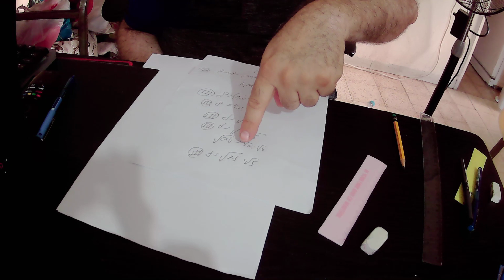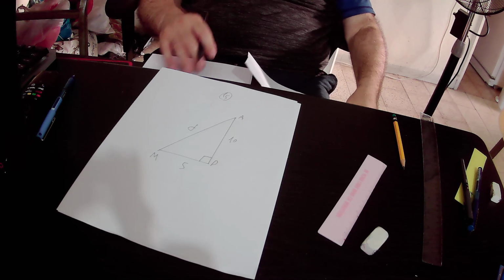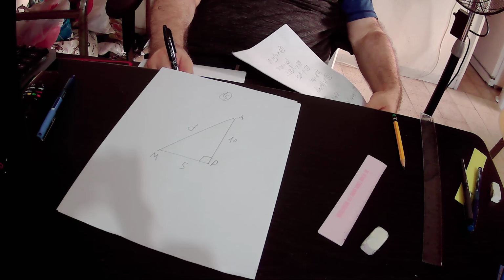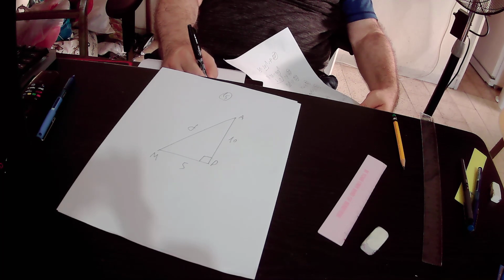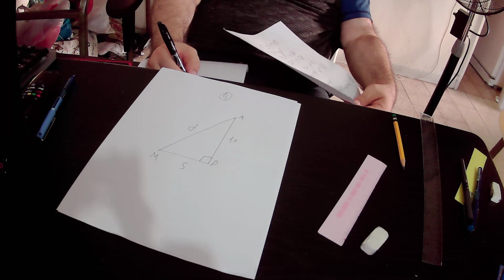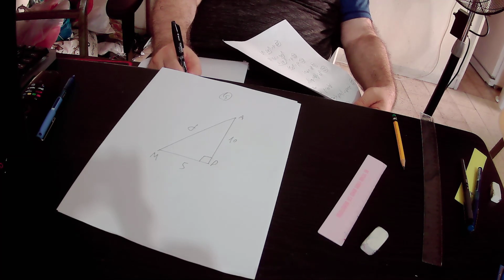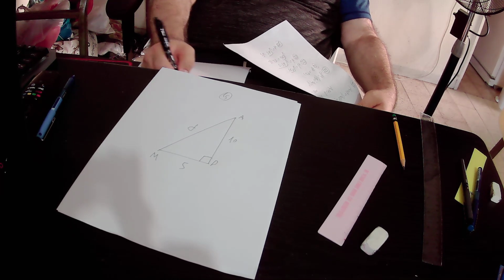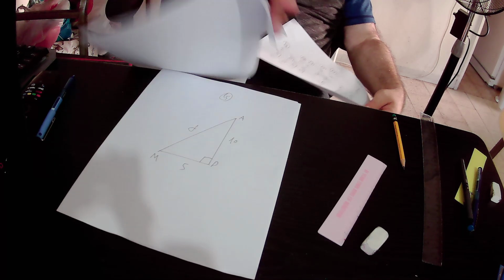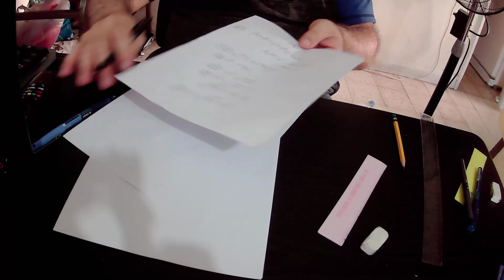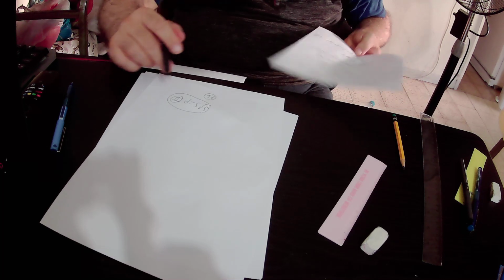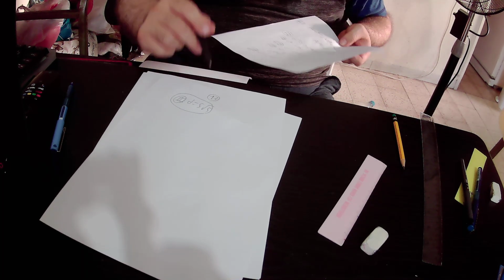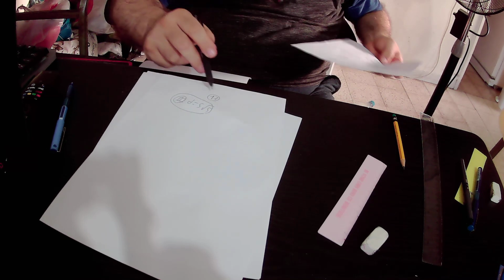The root of 25 is 5, so I write it down. So here the root of 25 is 5. So we got that D equals 5 times root 5.